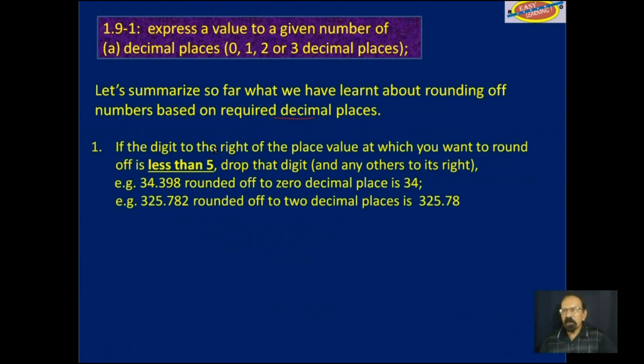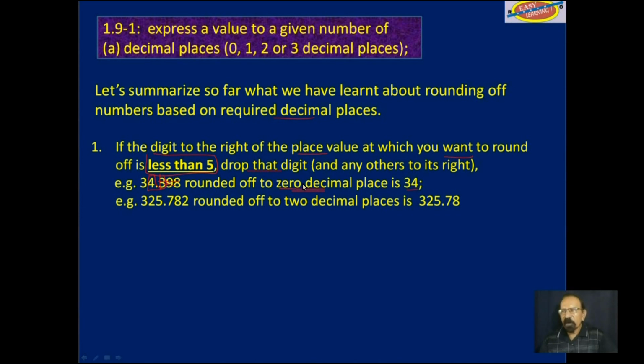If the digit to the right of the place at which you want to round off is less than 5, you drop that digit and any others to its right. That's about it. Example, if you have 34.398 and you want to round off to 0 decimal places, this digit on the right is less than 5, you just drop the whole thing and your answer is 34.